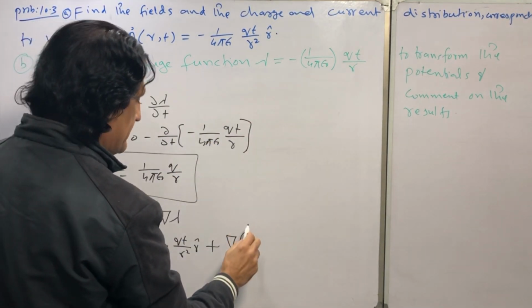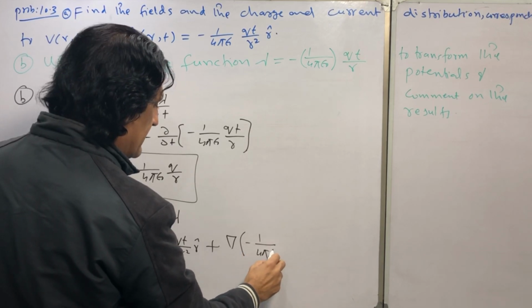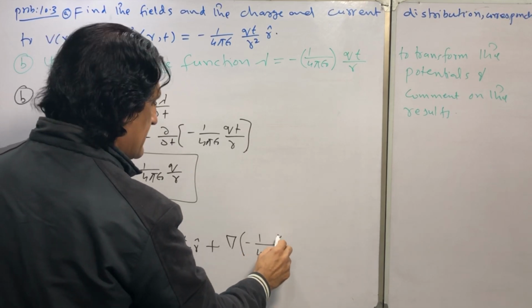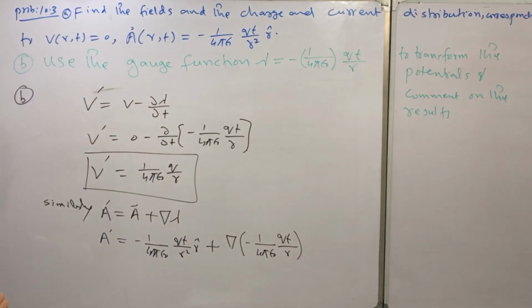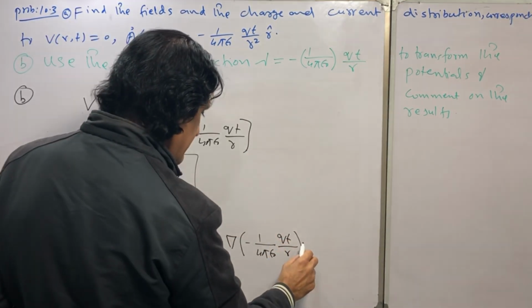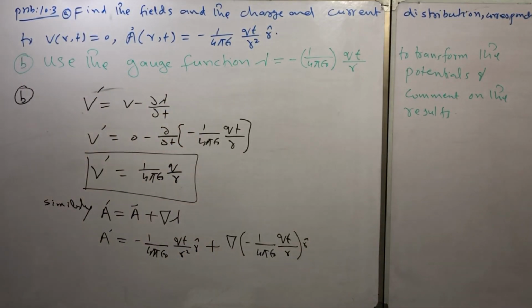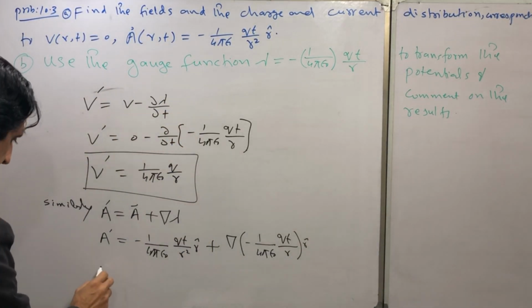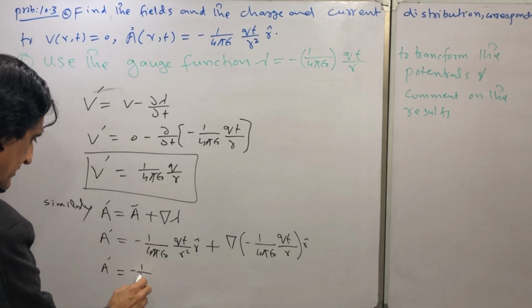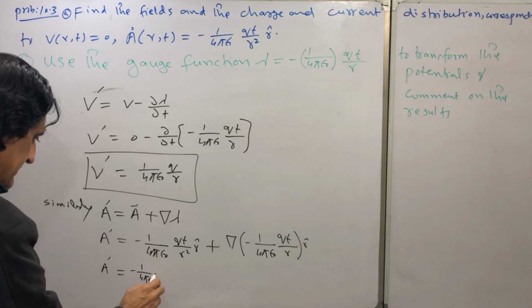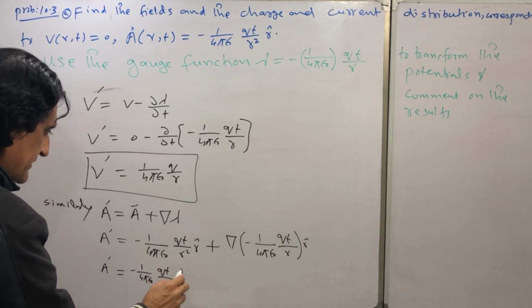Lambda is this one, minus 1 over 4 pi epsilon naught q t divided by r, and we have r hat as a unit vector.